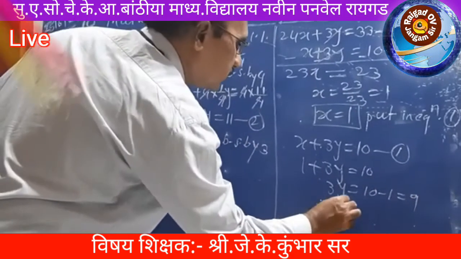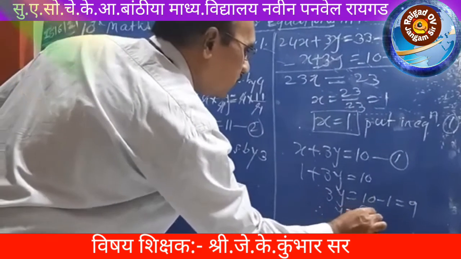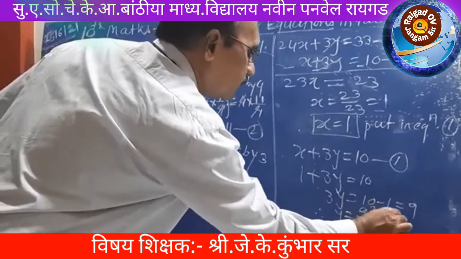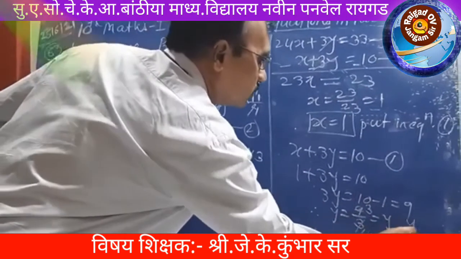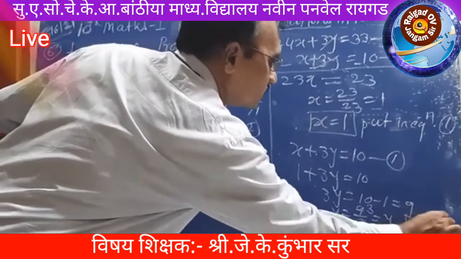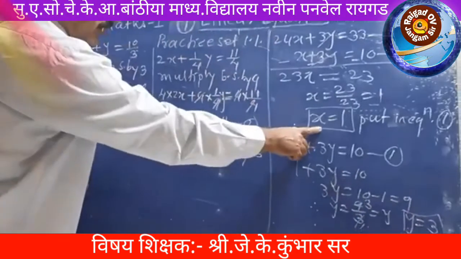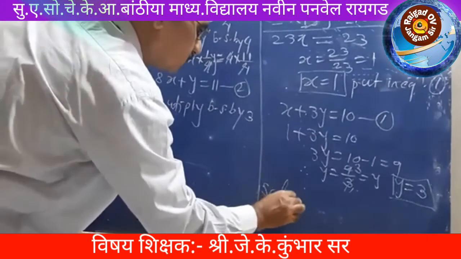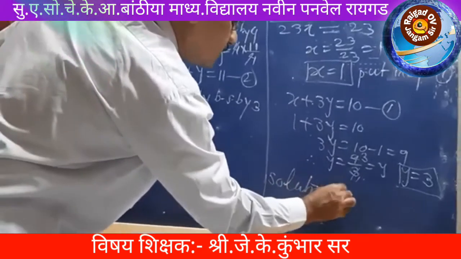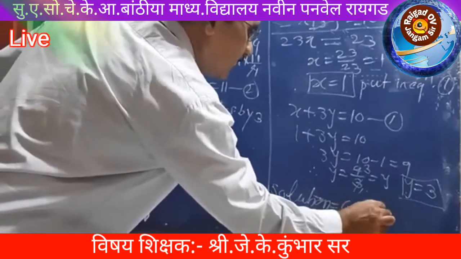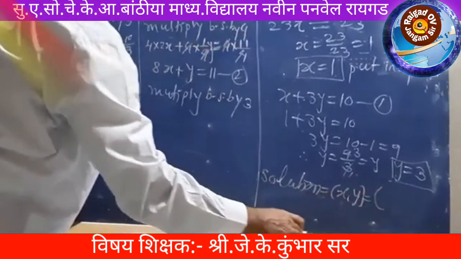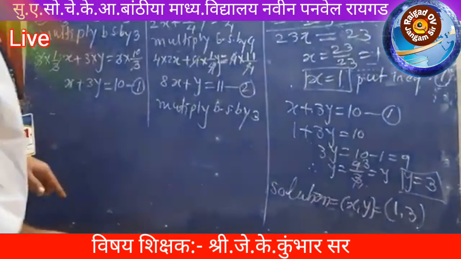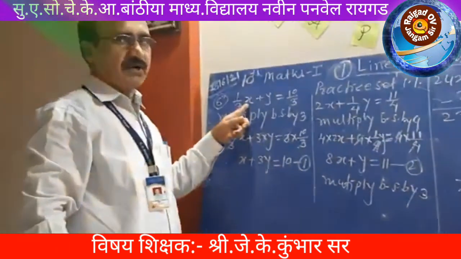That means y is equal to 9 upon 3. 3 threes are 9. y is equal to 3. This is the answer of x and this is the answer of y. And now the required solution (x, y) is equal to (1, 3). This is the solution set of the given equations.